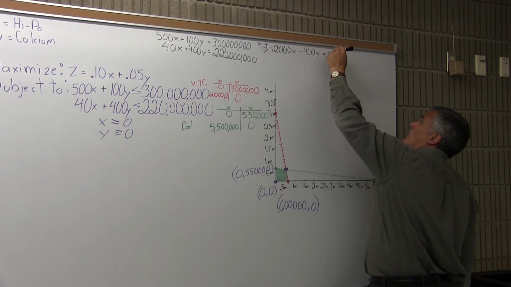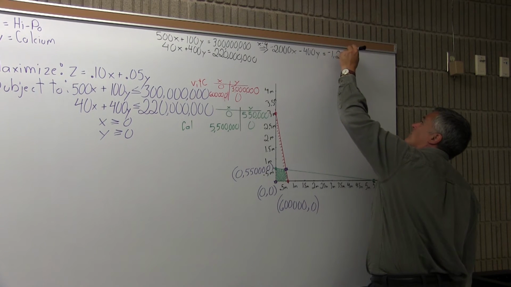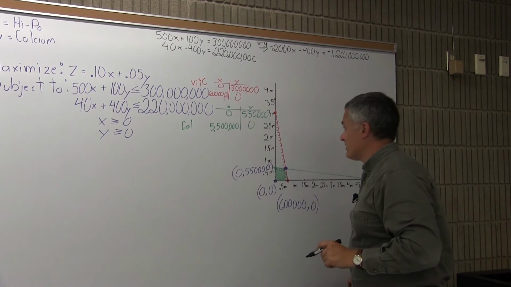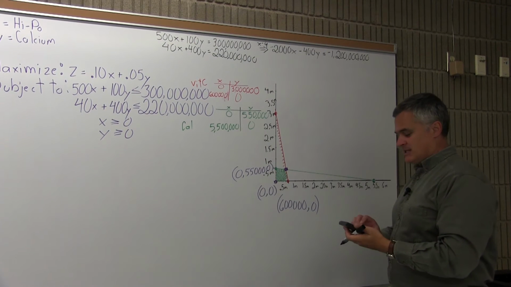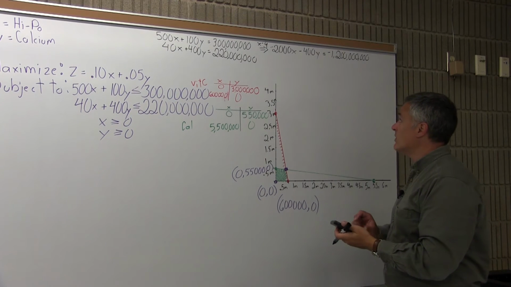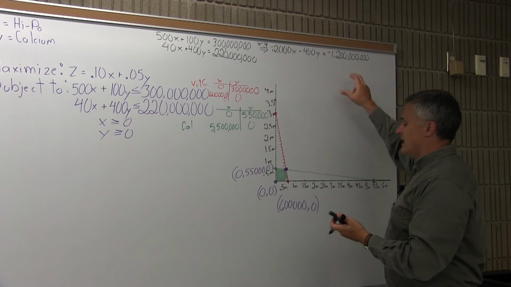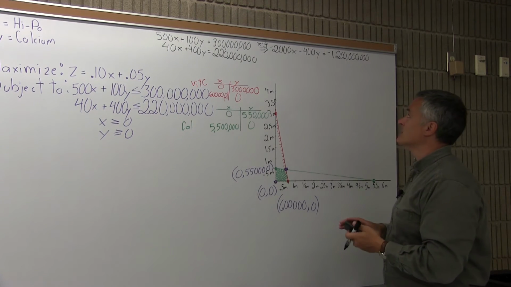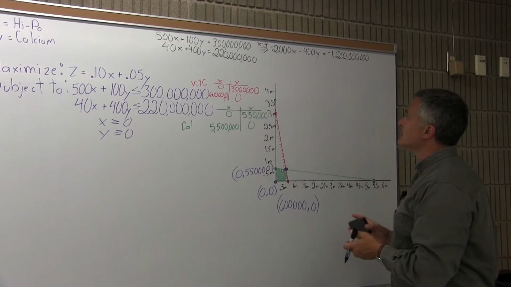So negative 1,200,000,000. That I should check on my calculator. It makes sense that that's what it is, but let's see. So I have a 12 with 8 zeros after it. And 12 with 8 zeros. Okay, so that's good, and it's negative.